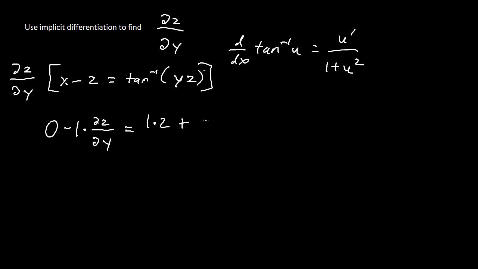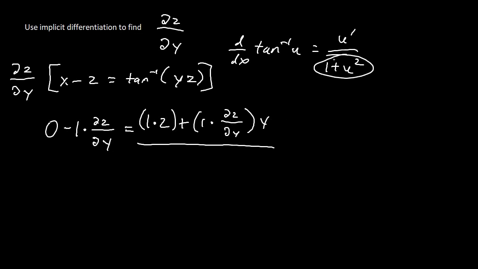The derivative of z is 1 times the partial derivative of z with respect to y, times the first function unchanged, so times y, over 1 plus the inside function squared. So we can just write it as y squared z squared.